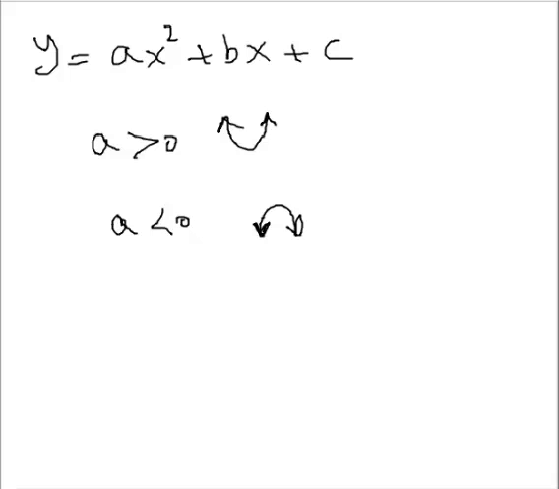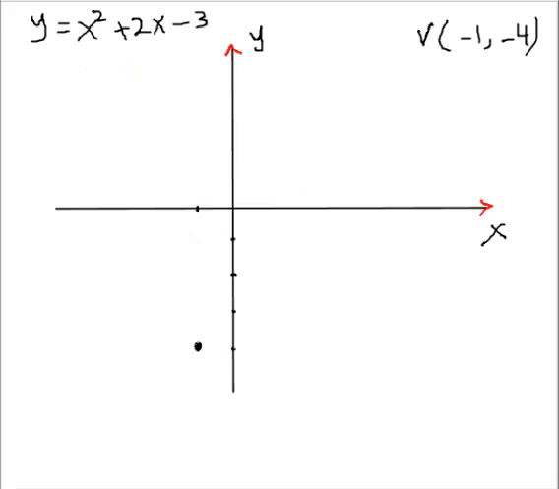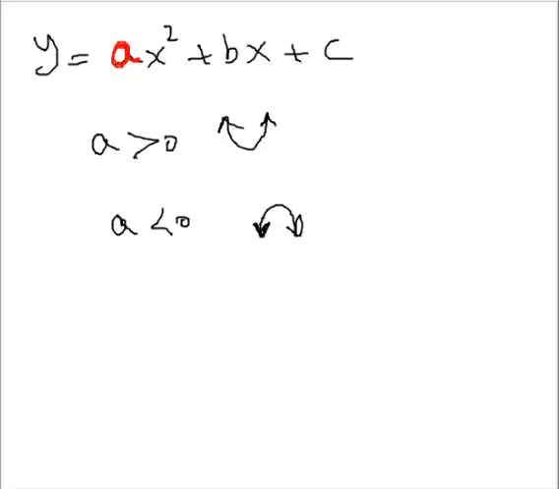It all depends on the value of this coefficient, if it's positive or negative. Okay? So in this case, does this parabola open upward or downward? A is equal to 1. 1 is positive, so it goes upward. Can I see a check mark next to your name if you are able to understand this concept?